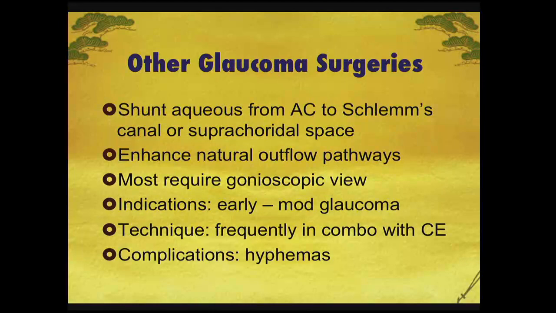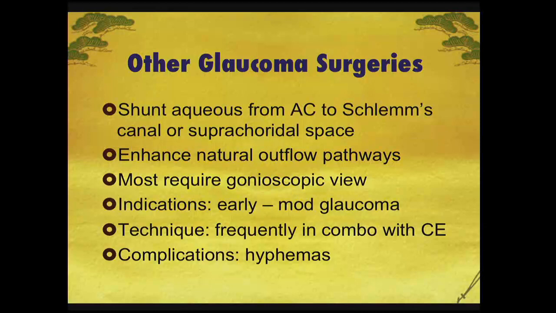And then the last slide, there are a number of new surgeries in glaucoma. They basically all shunt aqueous either to Schlemm's canal or to the suprachoroidal space, so they're enhancing the natural outflow pathways.